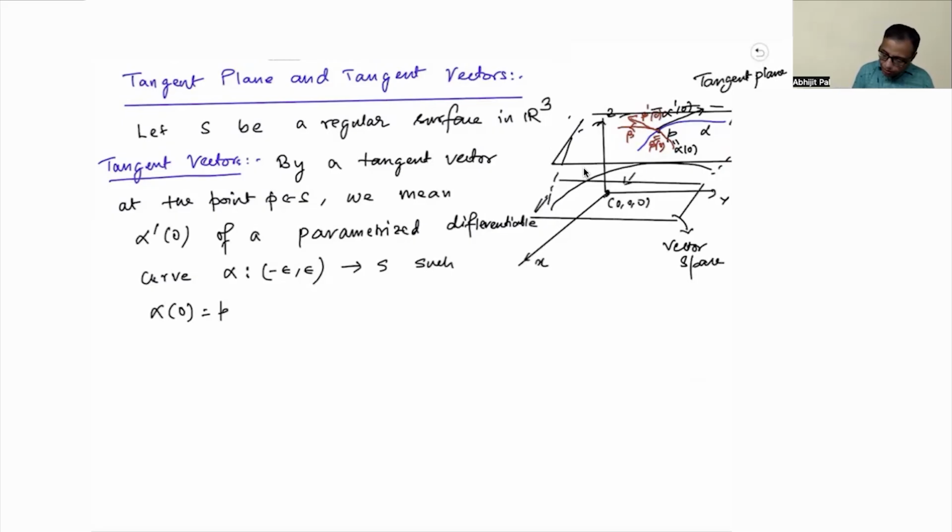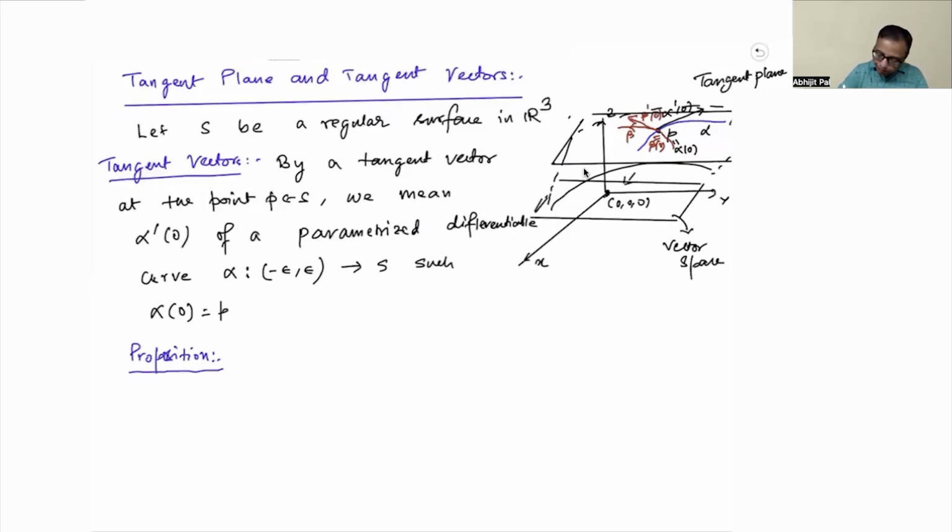Okay. All right. So now let me do this proposition. I have taken this S to be a regular surface. So I'll get a surface patch containing the point P. Okay.